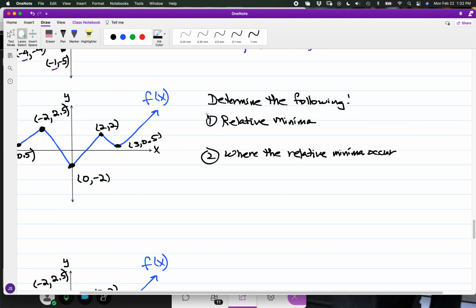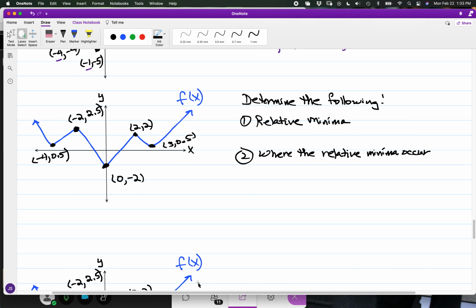For this particular graph of f of x, if we go ahead and identify the relative minimum, we have the relative dips, so to speak, the dipping points. Those will be the y values that correspond.